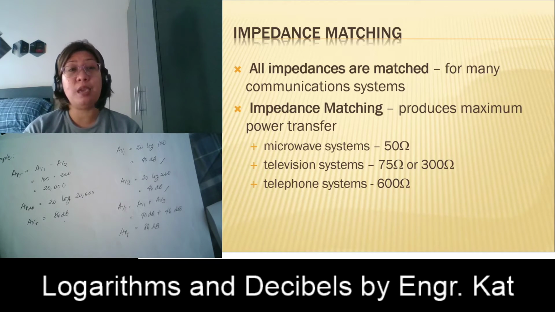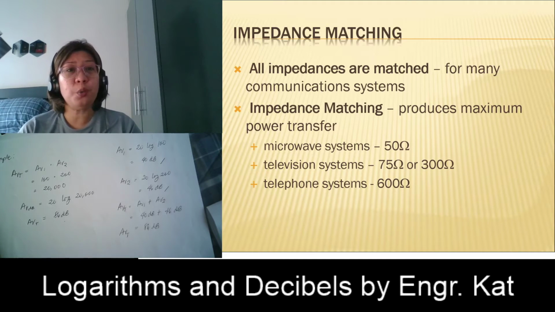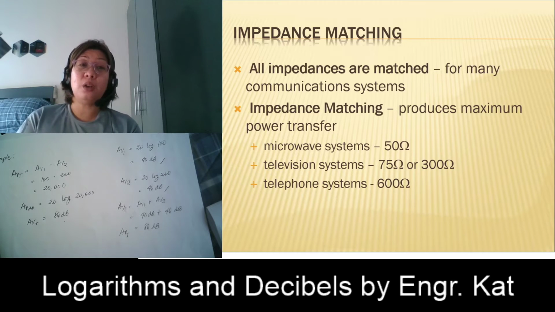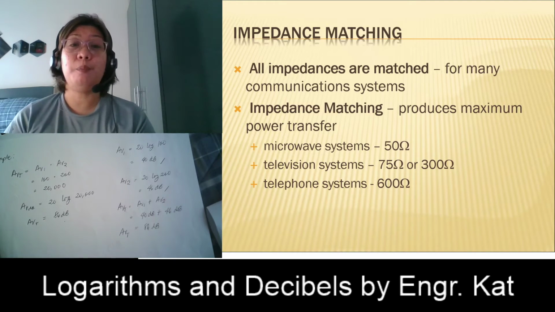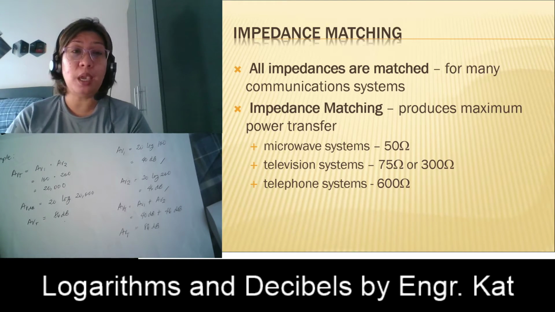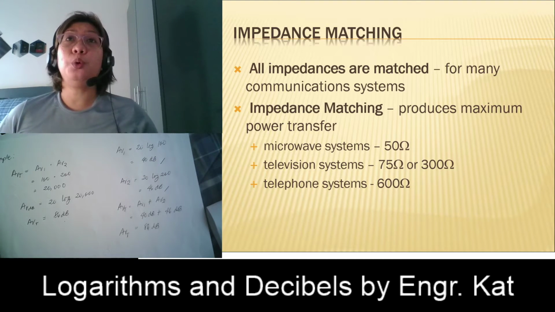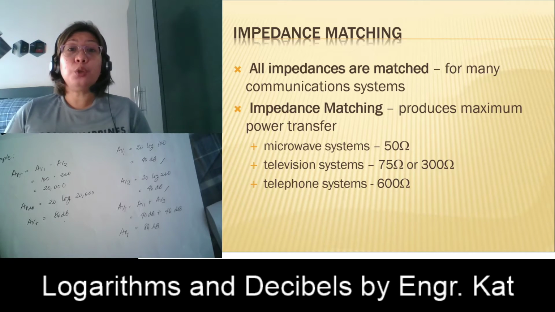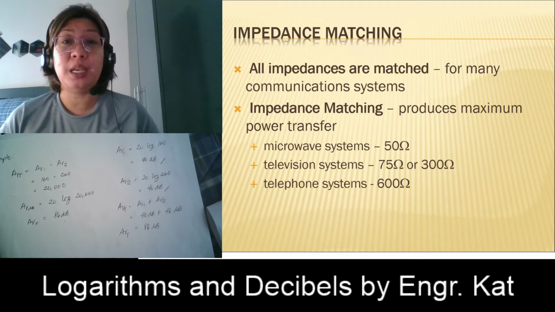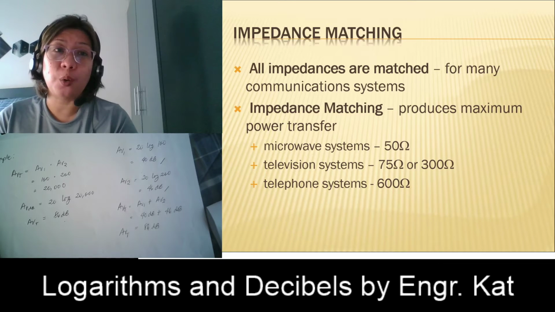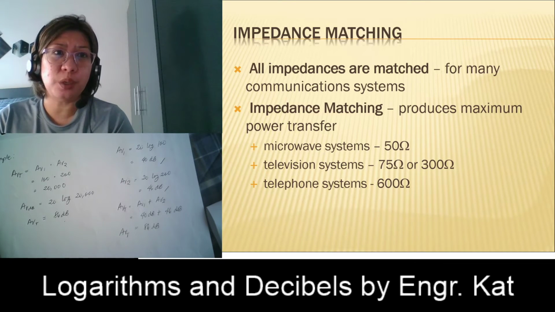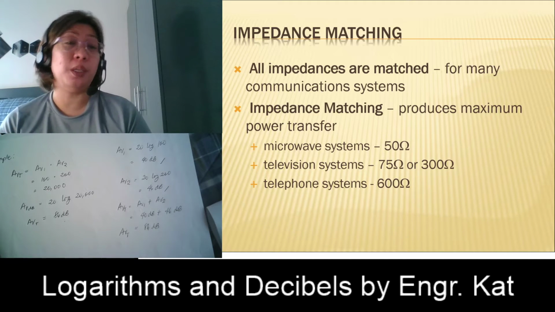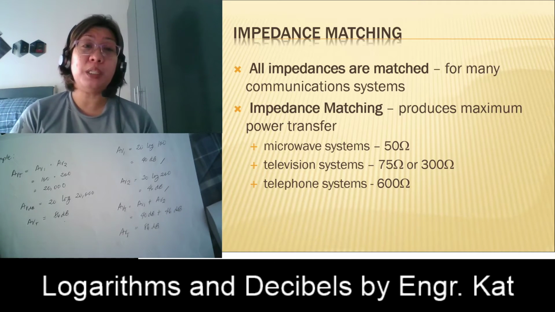So if you are buying, for example, at Ace Hardware, a coaxial cable for a television, that cable has an impedance of 75 ohms. Or if you're going to connect extension phones at home, for telephone systems you use an impedance of 600 ohms. Those are standard values. Even speakers have 4 ohms, 8 ohms, or 16 ohms depending on their specific value.